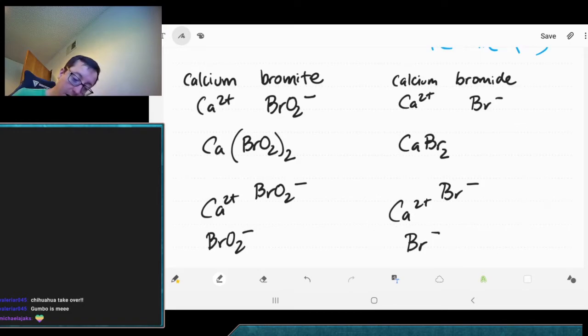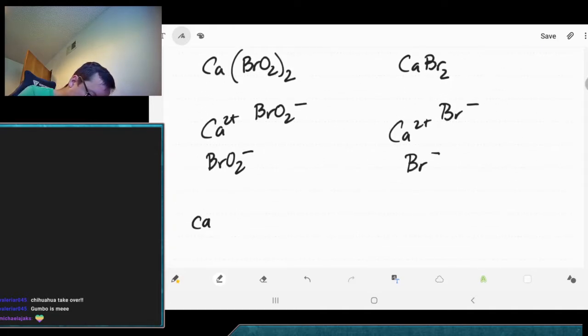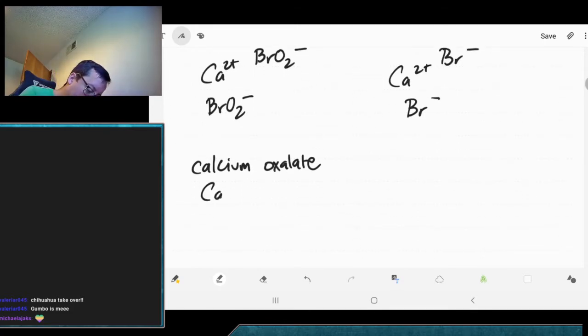Okay, let's do another one. It's going to make just a little bit more thinking related. Calcium oxalate. Something you might find in a kidney stone. Oxalate is C2O4 2 minus.